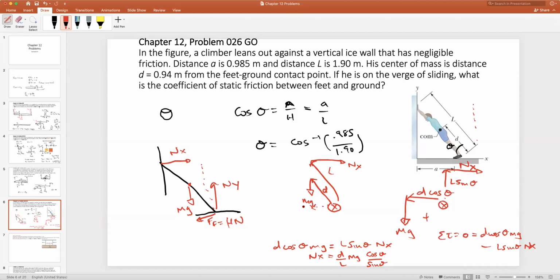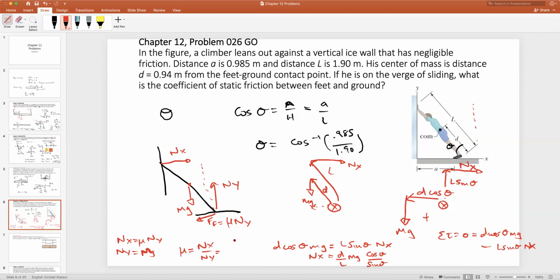Then, if we remember from our force diagrams, we know that nx has to be equal to mu n. The force this way has to equal the force that way, and ny has to be equal to mg, but this is actually ny, okay? And so mu is nx over ny, and you've got something for nx, and right here, you know that ny is mg.